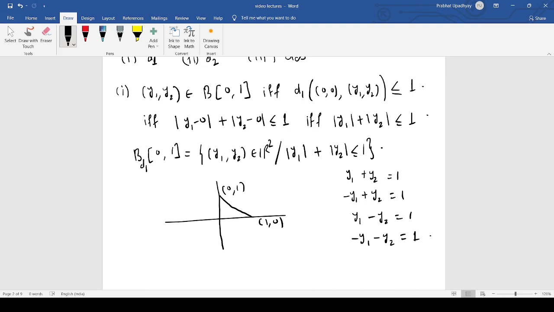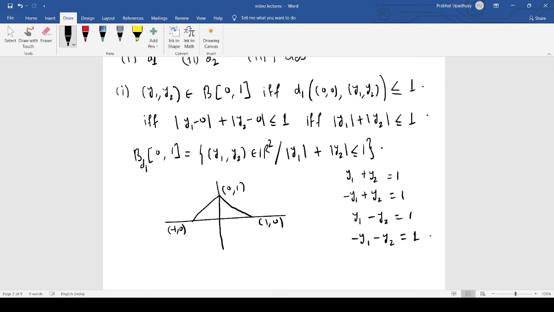Then minus y1 plus y2 equal to 1. If y1 is 0, y2 is plus 1. If y2 is 0, y1 is minus 1. So this straight line passes through (0, 1) and (minus 1, 0).